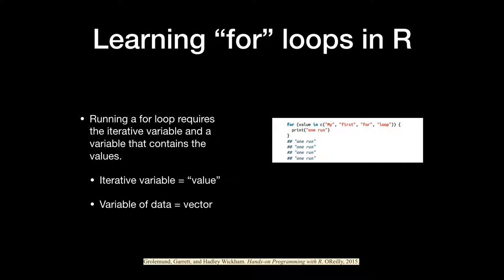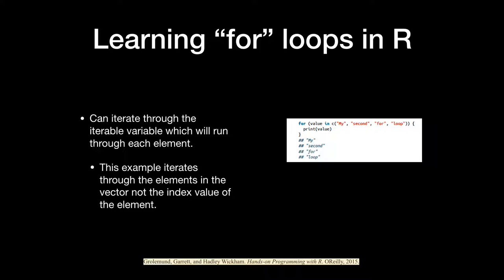Your variable of data is that vector. So you're telling the function to run through each element in that vector, but print 1 run per element. There are 4 elements in the vector, which means 1 run is going to run 4 times.